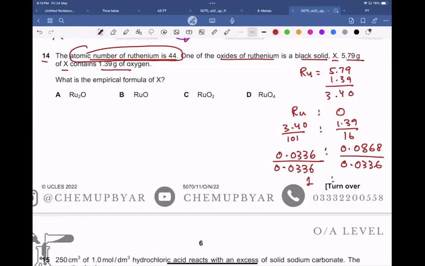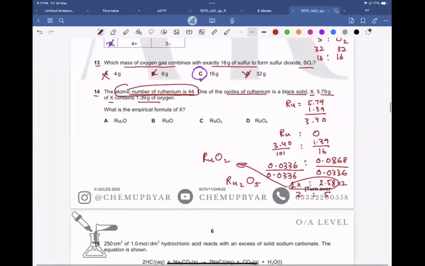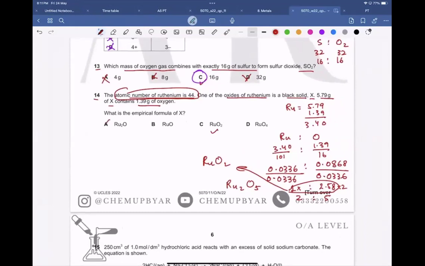So here I'm getting 2.58 almost. Now if you make it into a whole number with 2, the ratio is 2 to 5, right? So either you are getting Ru2O5 or otherwise with this you will get only RuO2, right? So this is the correct answer. A, B, and D go wrong, and C is the correct answer.